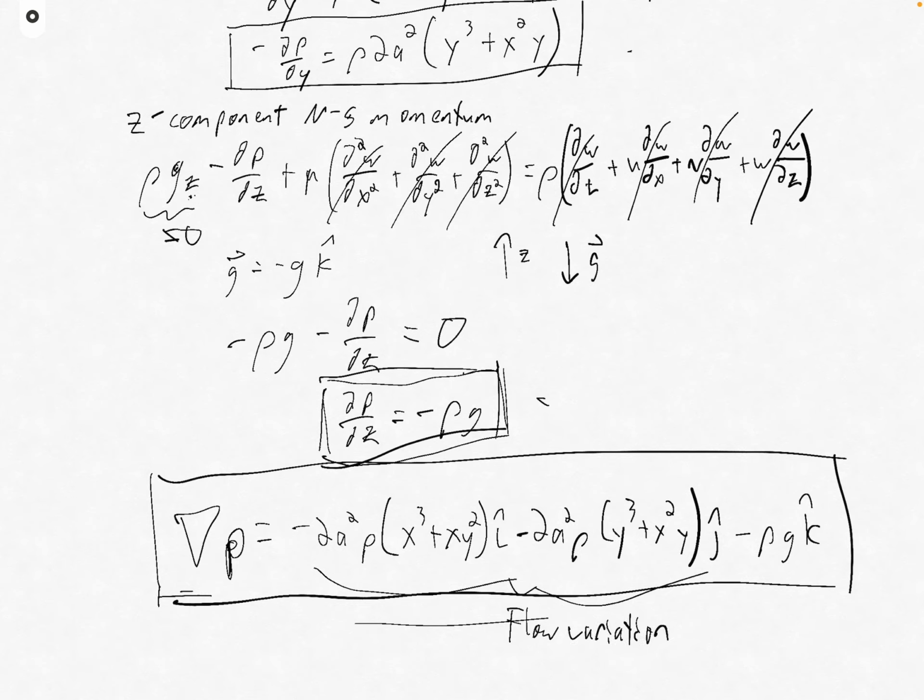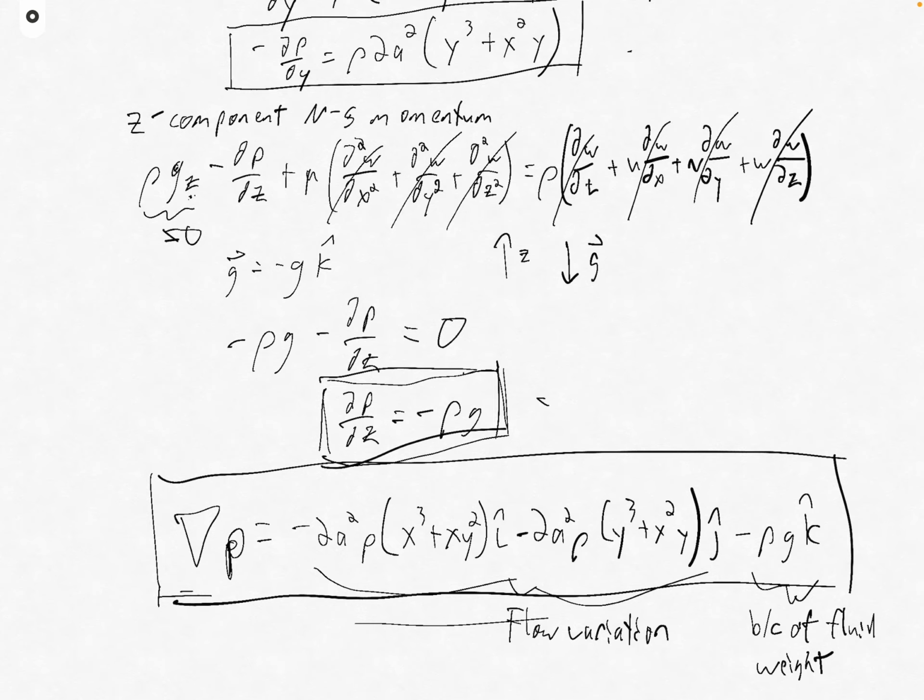And then because W is equal to 0, and this was just a two-dimensional flow, the only variation in z is basically because of hydrostatics. So this is because of fluid weight, just as in our hydrostatic type problem.